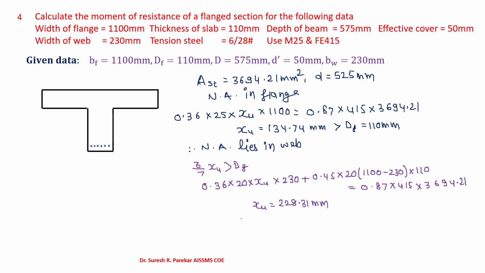So now we have 3/7 of Xu, which is equal to 228.31, and this gives us 97.85 millimeters, which is less than Df, and therefore again assumption is wrong.